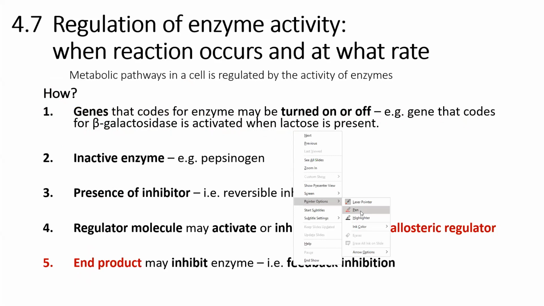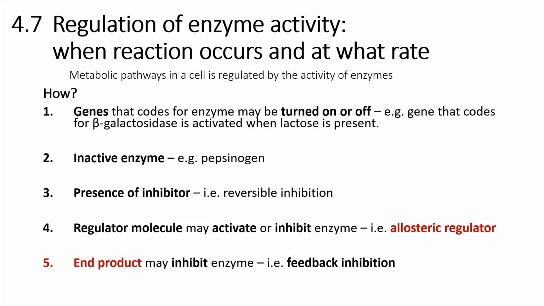For this example, in order to synthesize the enzyme beta-galactosidase, as you know, enzymes are proteins. So how is protein synthesized? It is synthesized based on the information coded in the genes. The enzyme here is synthesized based on the information that is coded in the genes.